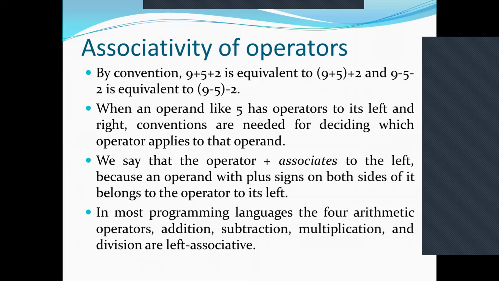So it says that the operator plus is associated to the left. What is there in the left? 9 minus 5 plus 2. So what is there in the left of plus is 5. So this plus is associated to the left because an operand with plus sign on both sides of it belongs to the operator to the left.